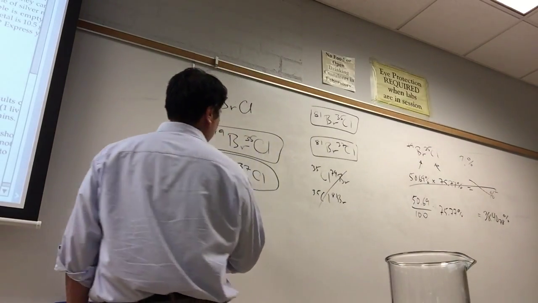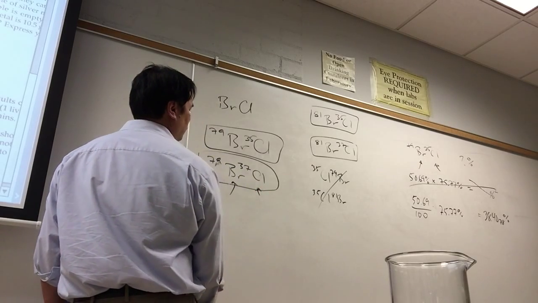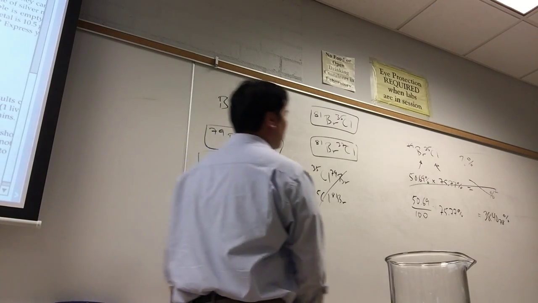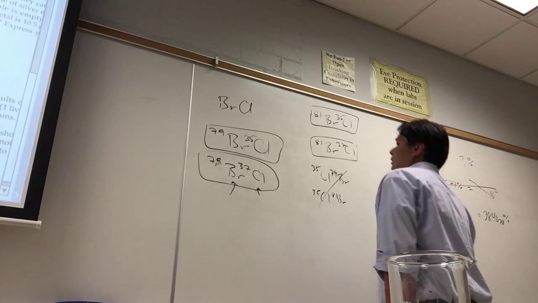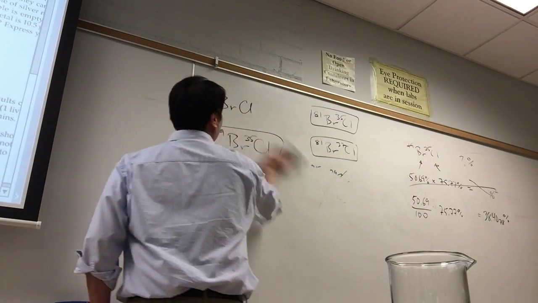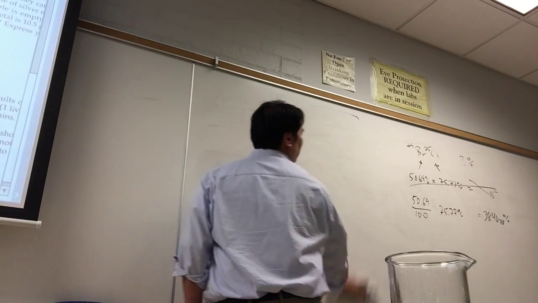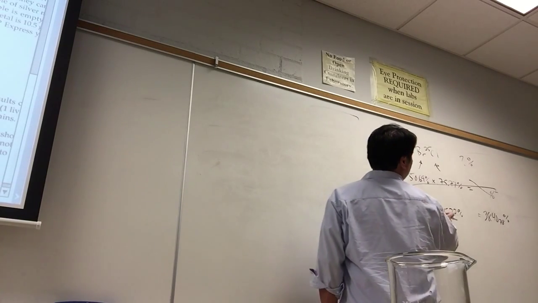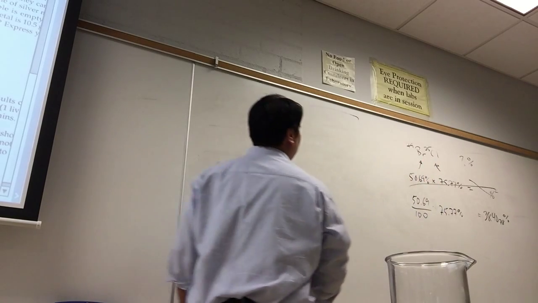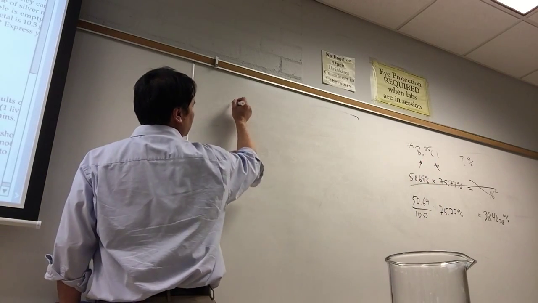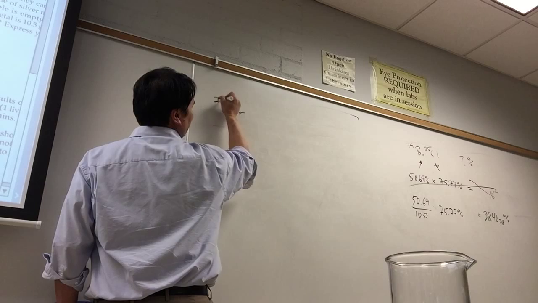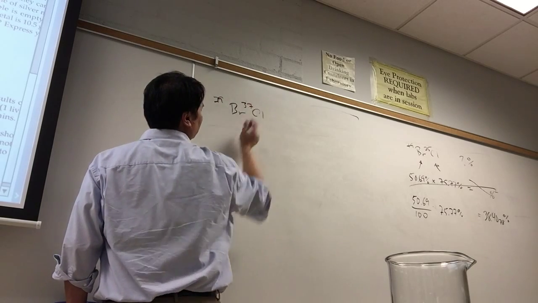The next molecule is this one, right? Let's try that. It's going to be bromine 79 with a chlorine 37. Out of all the chlorines, only 75.77% are going to be 35. The others are going to be 37. So bromine 79 with chlorine 37.